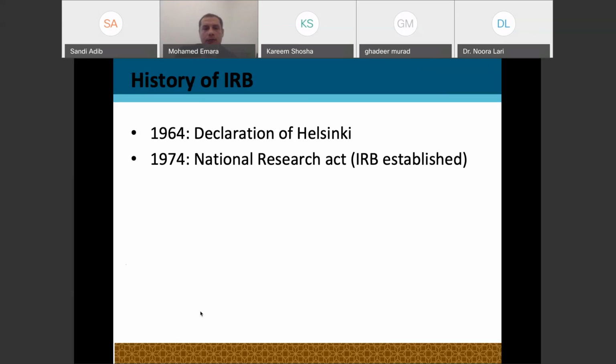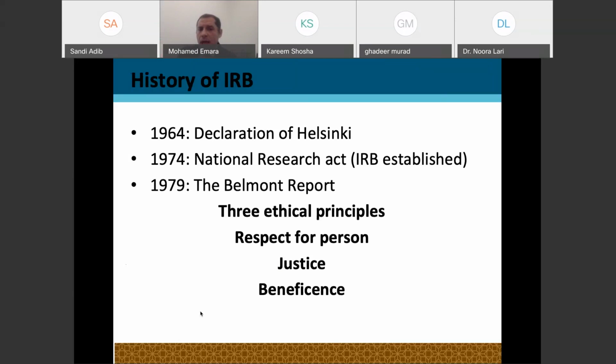It started in 1964 with the Declaration of Helsinki, then in 1974 the National Research Act, where the IRB was established, until we came in 1979 to the Belmont Report. Anyone doing research ethics or who knows the IRB should know the Belmont Report very well, which has three main ethical principles: respect for persons, justice, and beneficence.